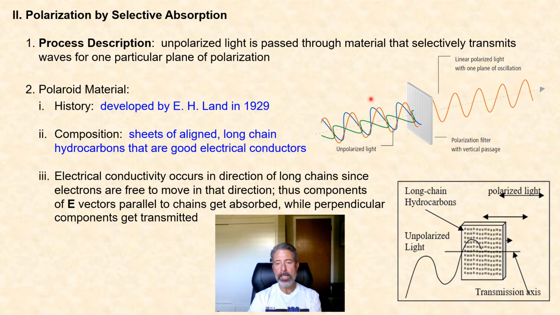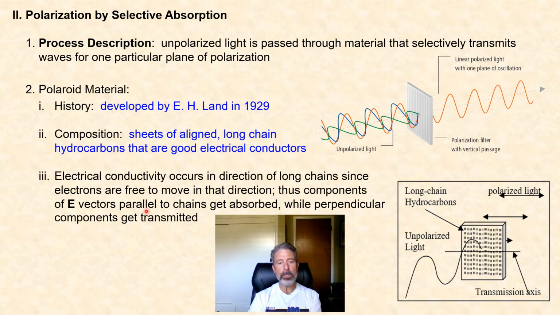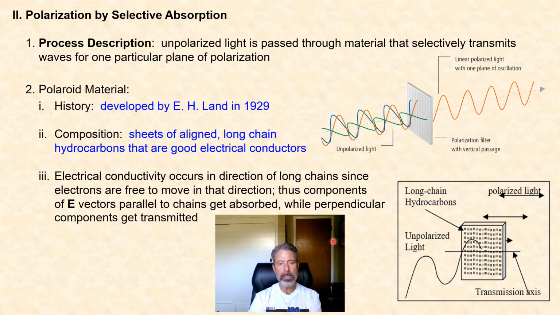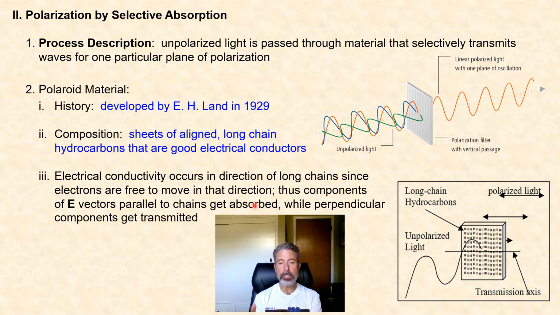Those incoming waves of unpolarized light, any electric field components that are parallel to these long chain hydrocarbons will get absorbed. They will cause the electrons in these hydrocarbons to start moving, essentially absorbing those waves.